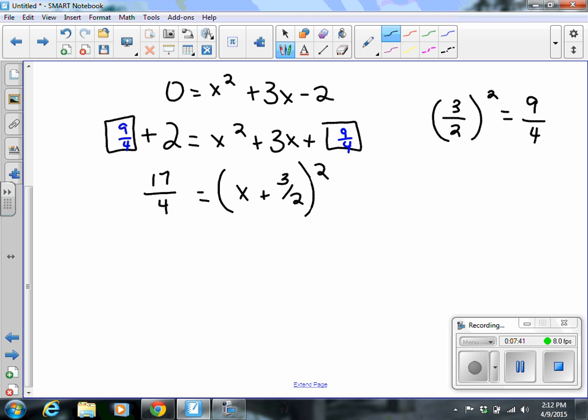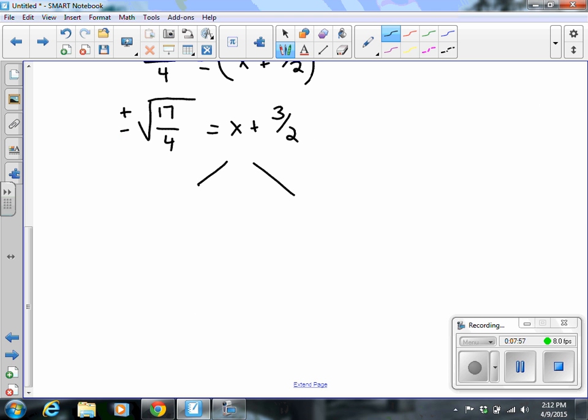I'm going to take the square root of that. That equals x plus 3 halves. I'm actually going to reduce this a little bit differently here. I'm going to split this. So I have x plus 3 halves equals positive square root 17 over 2.